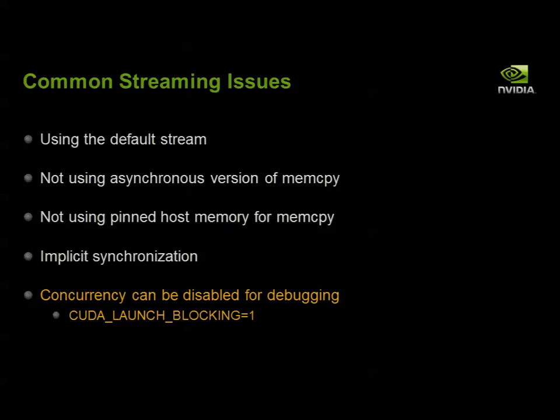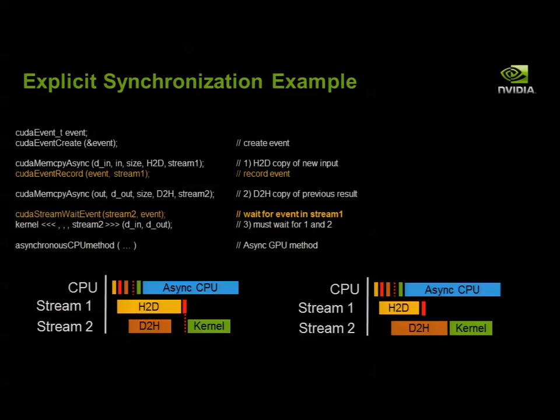As you can see here, with this particular synchronization, at that point, the CPU is not involved. So you have the wait event, and this happens all on the GPU side.